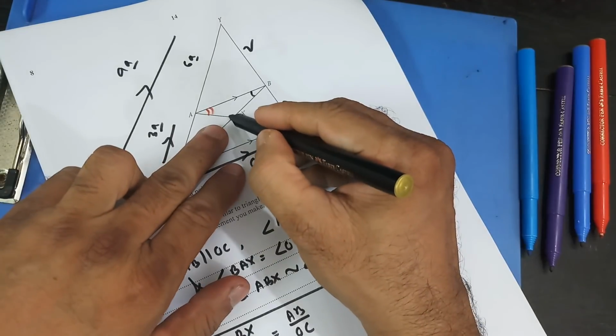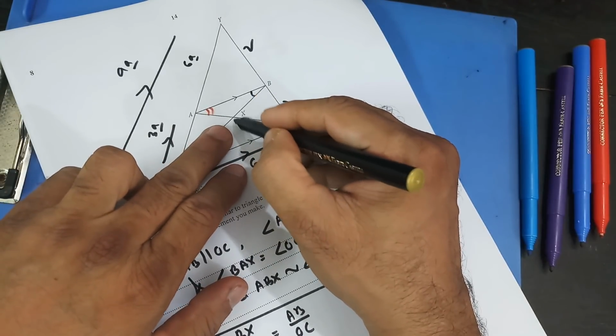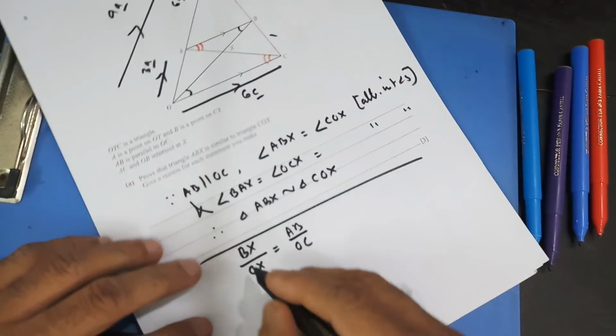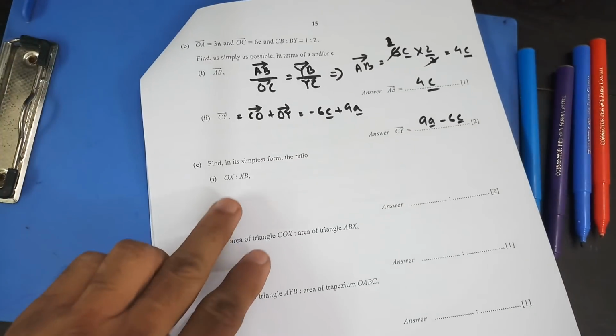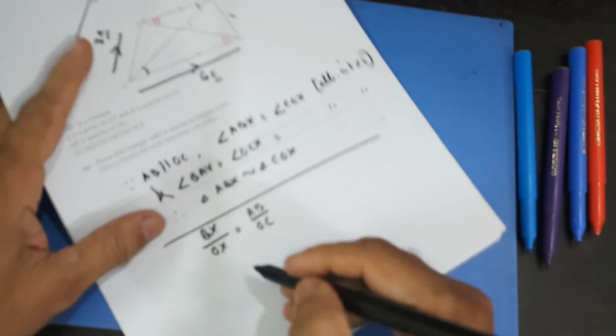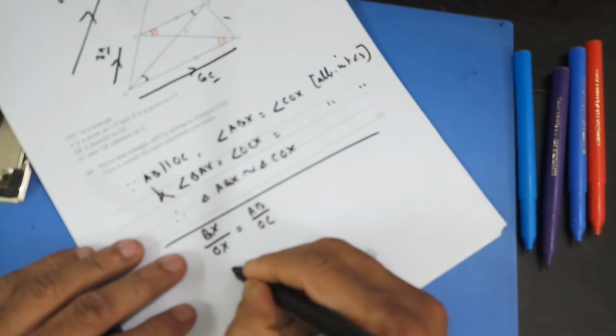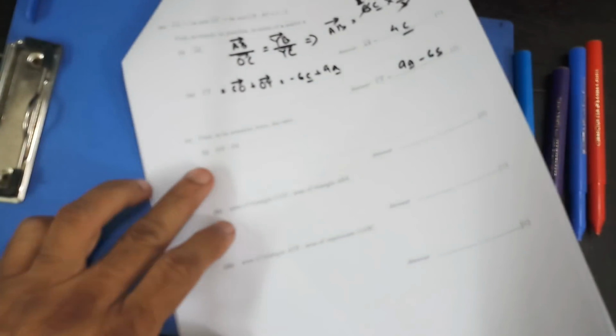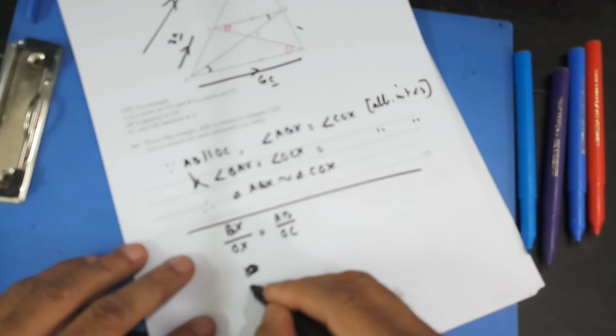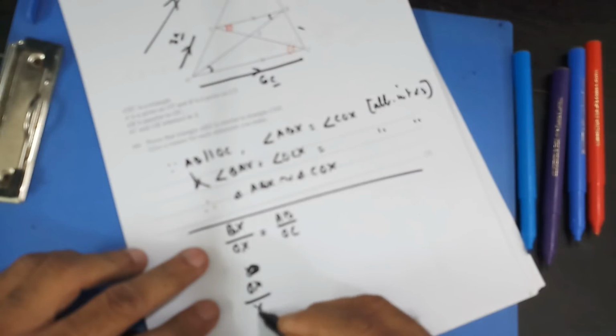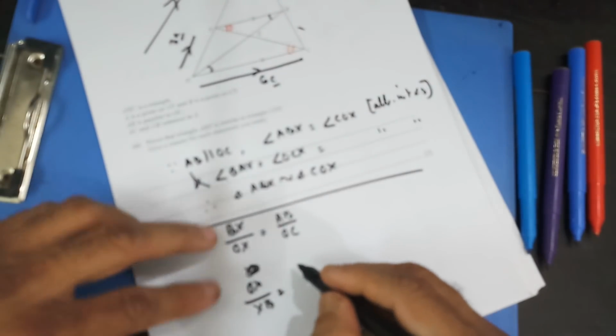Because AB is opposite of this and these two are equal, vertically opposite angle, so its opposite side is this. So BX is to OX, that's what OX is to XB. OX over XB, then we can just flip it over.